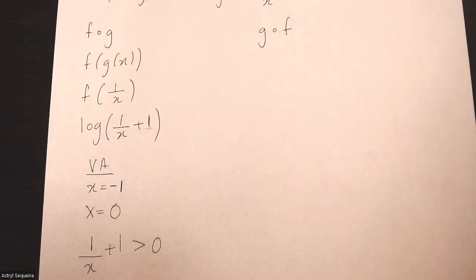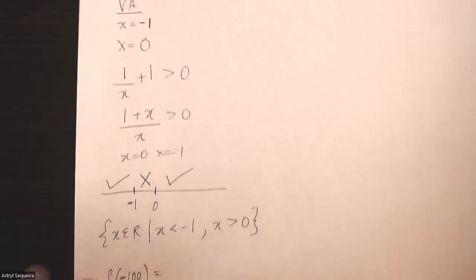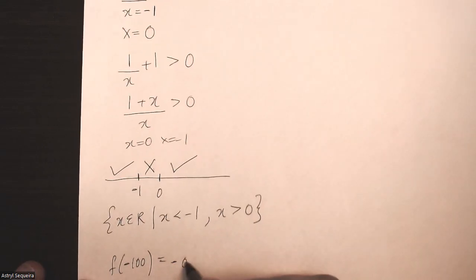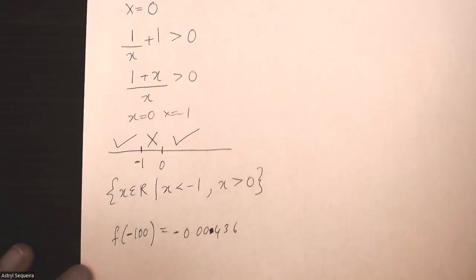If I sub in -100, log of 1 over -100 plus 1, it's basically a really small negative number, like -0.000436. This is just approaching 0, basically at the negative end behavior.